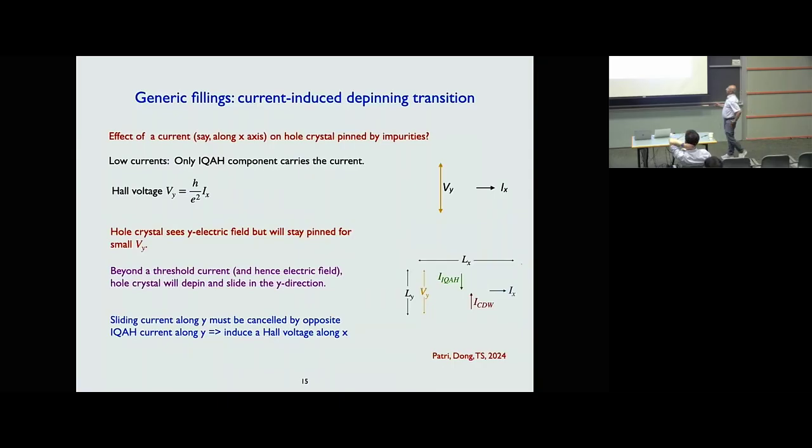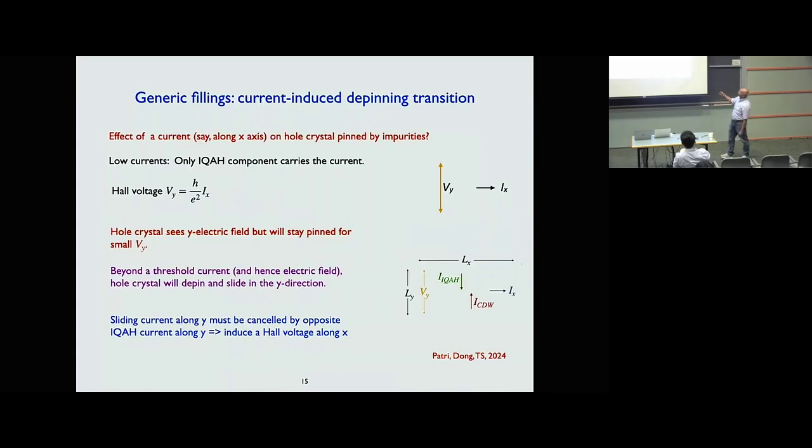But in the y direction, I have no current. The system is biased to have a current in the x direction. So there will be something that cancels the current produced by the sliding crystal, and that again can only be this integer quantum Hall component. So the integer quantum Hall must develop a current in the opposite direction that exactly cancels this y direction current.